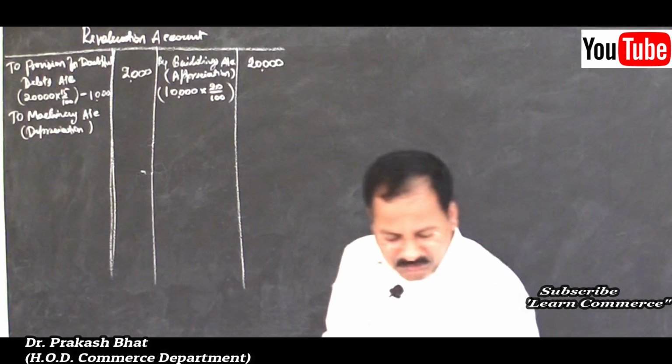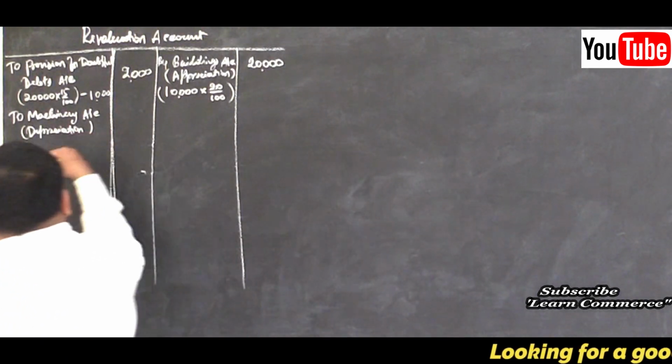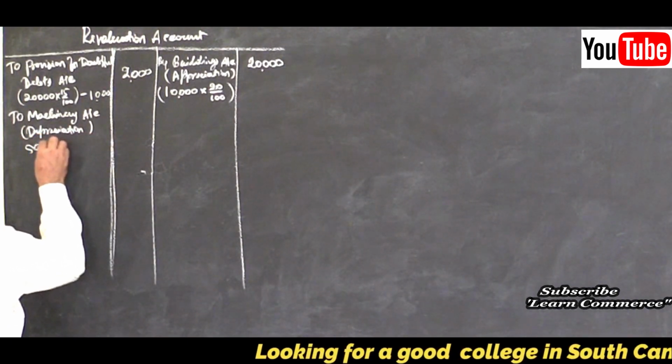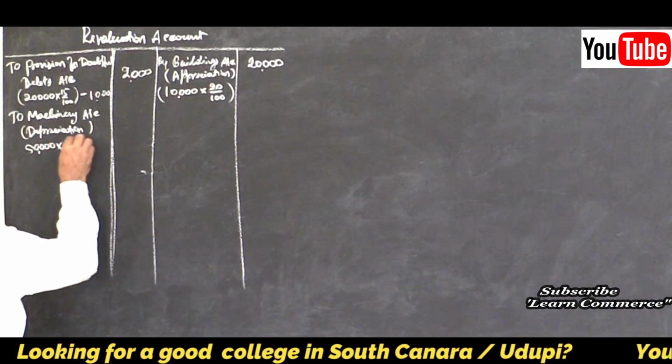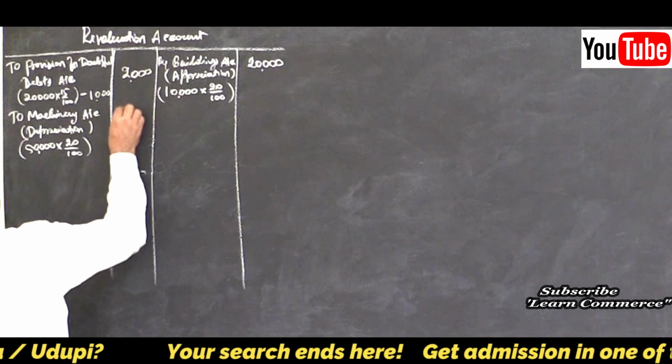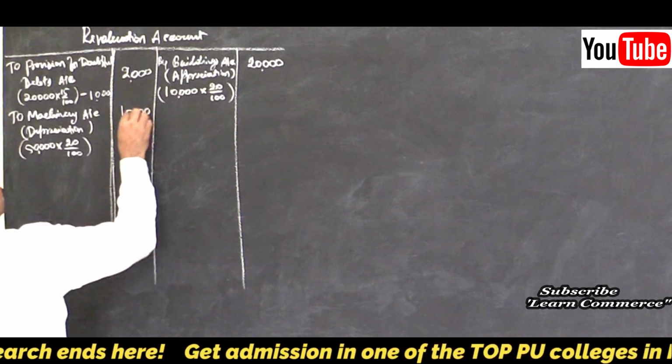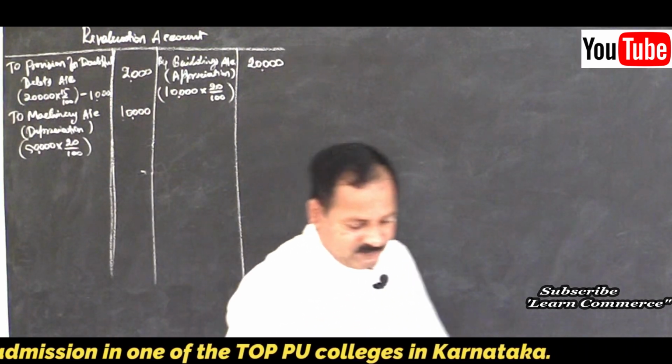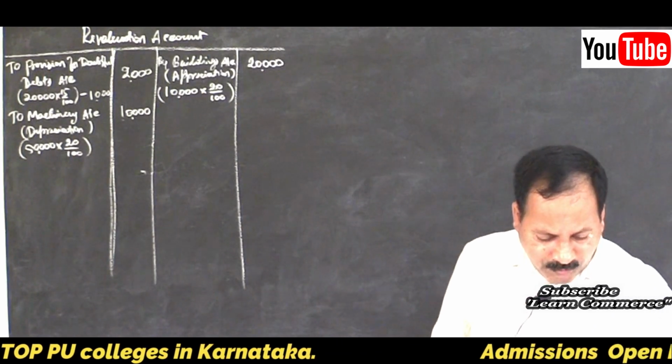Yes, it is 20%. 50,000 into 20%, so it will come to 10,000. Right? Yes. Then let me move on.